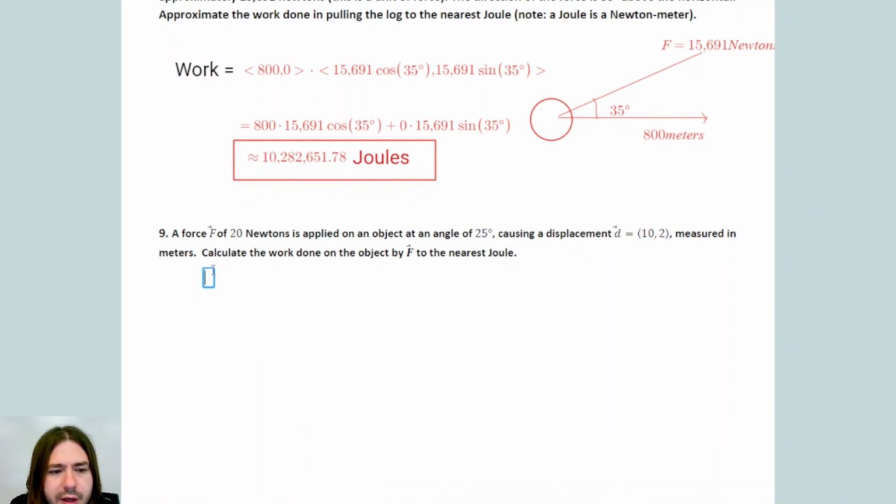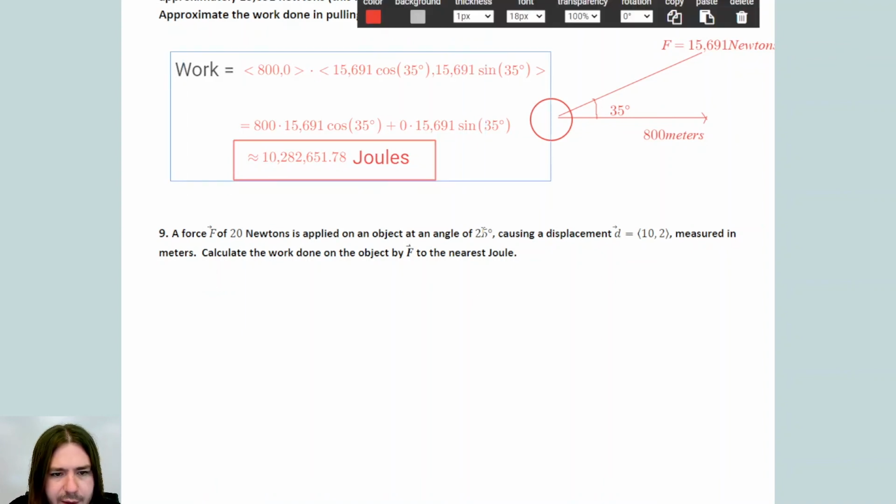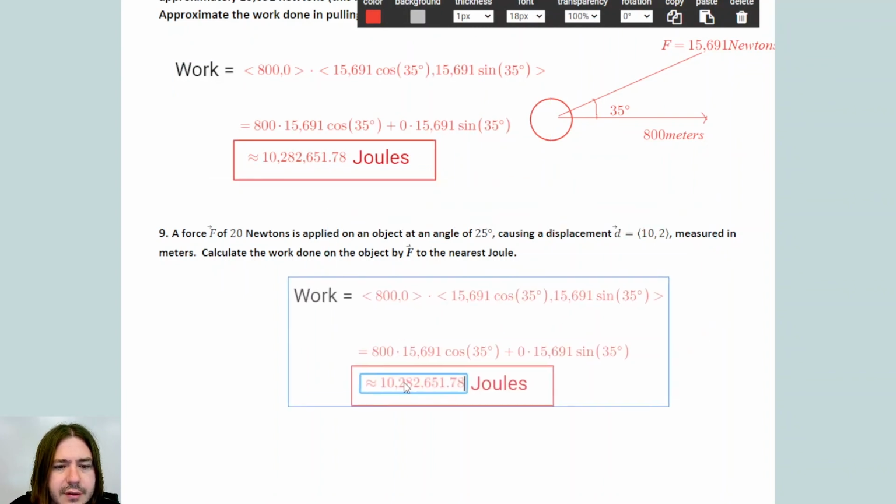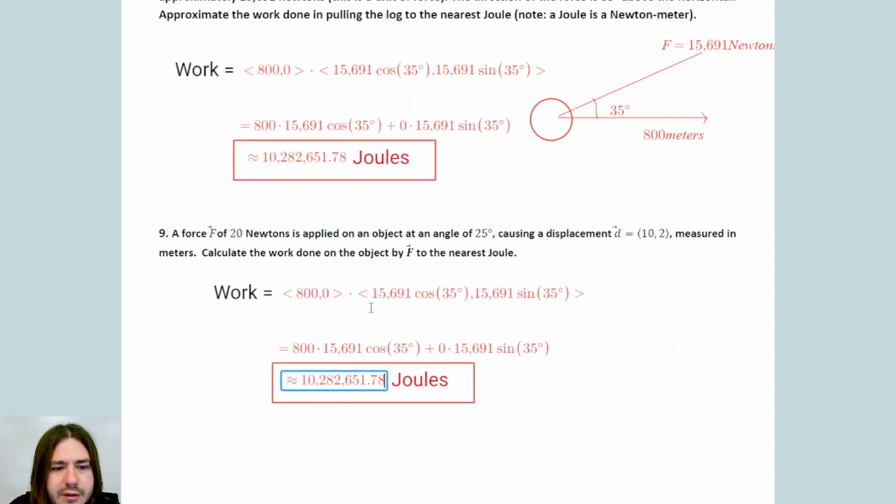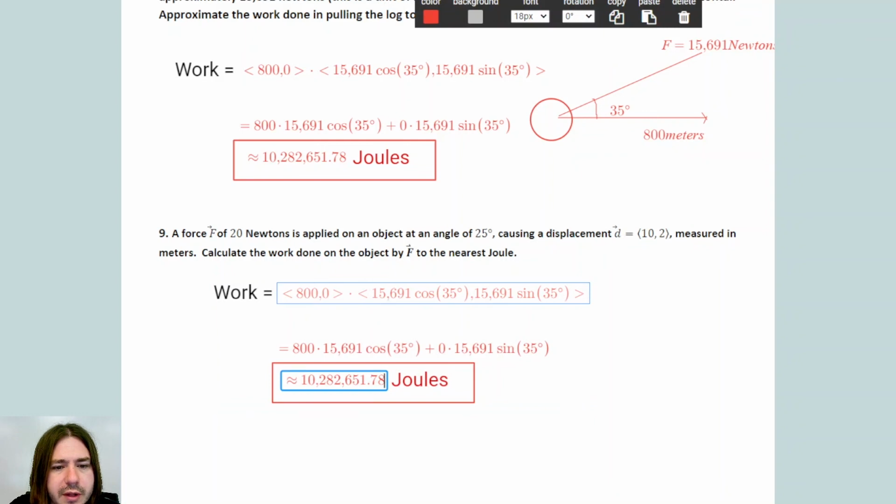So let's go ahead and calculate this out. Let's copy all this. All right, so we've got a force of 20 newtons applied at an angle of 25 degrees, causing a displacement of 10, 2.